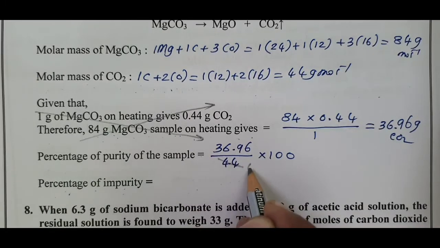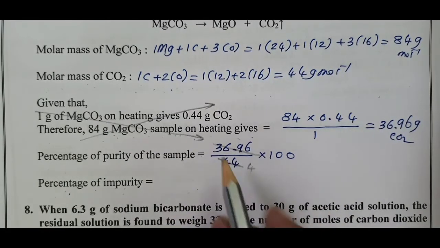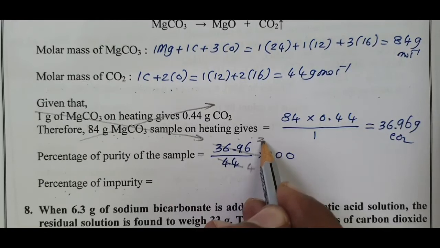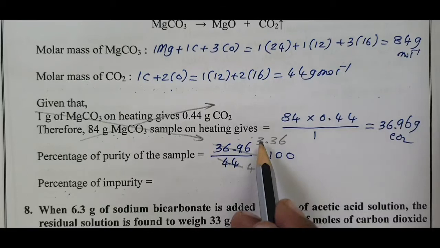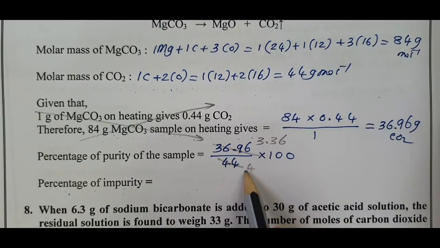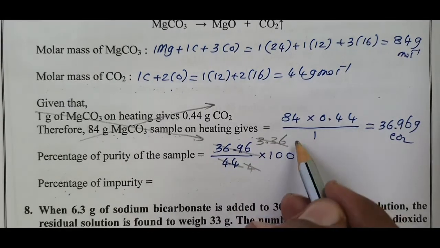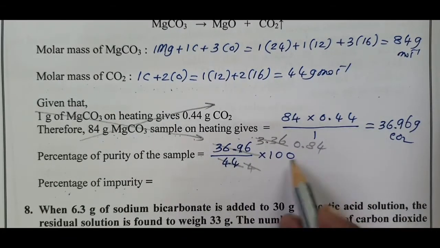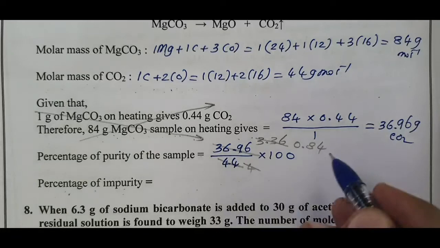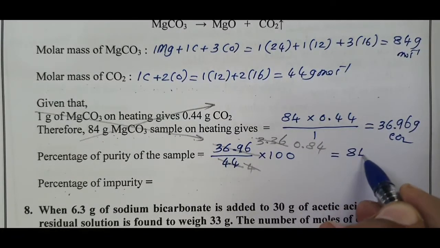Using the 11 table: 4 11s are 44, in 36, 3 11s are 33, remaining 3, bring down 9, 3 11s are 33, remaining 6, 66, 6 11s are 66. And when you multiply, 0.84 into 100 is equal to 84 percent.